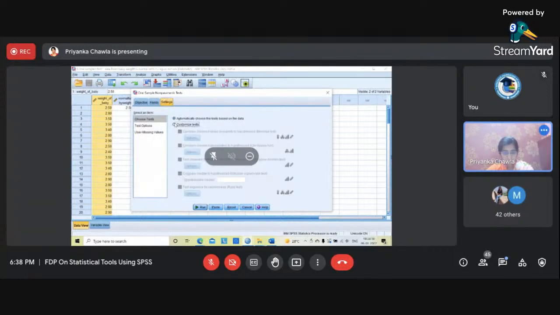customize test, and if it is a single variable data, then we should know the hypothesized median. The hypothesized median is 2.5. We will write 2.5. Can anybody tell me what will be the hypothesis of this?